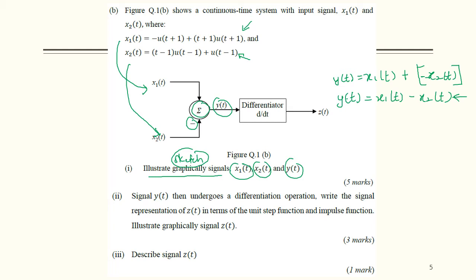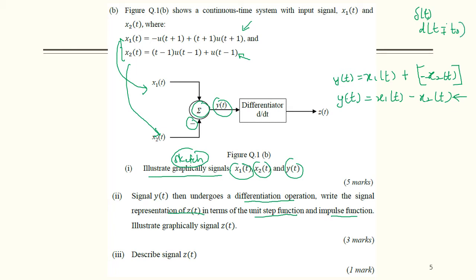Next, signal y(t) undergoes differentiation. Write the signal representation in terms of unit step function. The unit step function equation looks something like this, when you have u. That's the unit step function. And the impulse function is when you have delta t, either delayed or not, depending, plus or minus t naught.